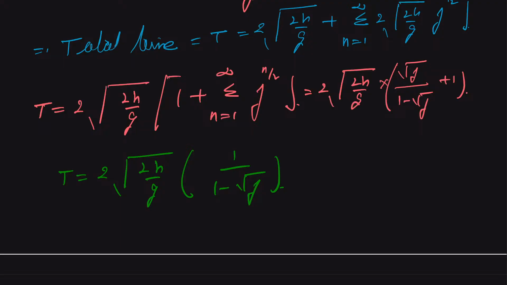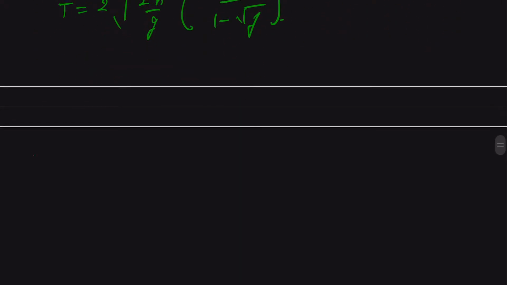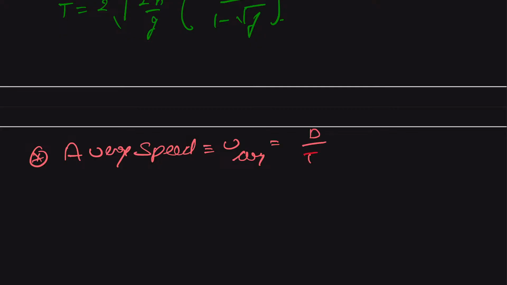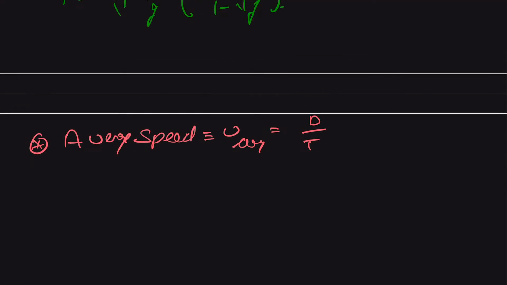Now we need to find out the average speed. So we know our total time and total distance. Therefore we can say that our average speed, v average, is the total distance upon total time. Okay. So we simply substitute, there is no need to solve further.